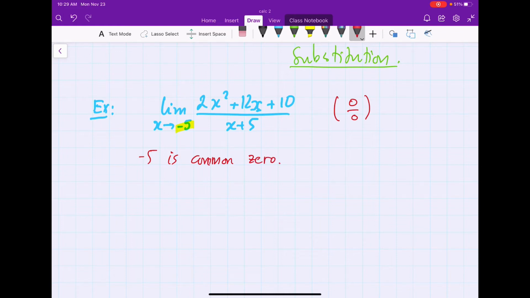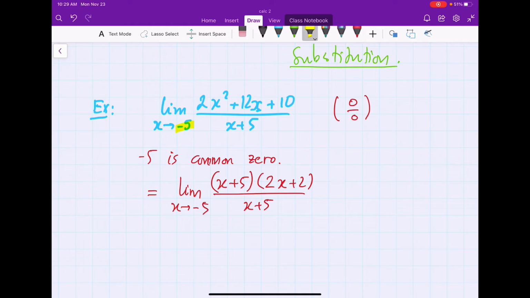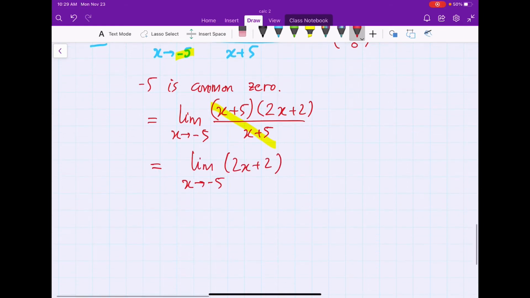You might factor the top and the bottom. So the limit is equal to the limit of, let me factor, x plus 5 in here, and then I have 2x plus 2 divided by x plus 5, as x approaches -5. And of course, now you might simplify x plus 5. You get the limit of 2x plus 2 as x approaches -5, and you plug -5 into this. You get 2 times -5 plus 2, which is -8.